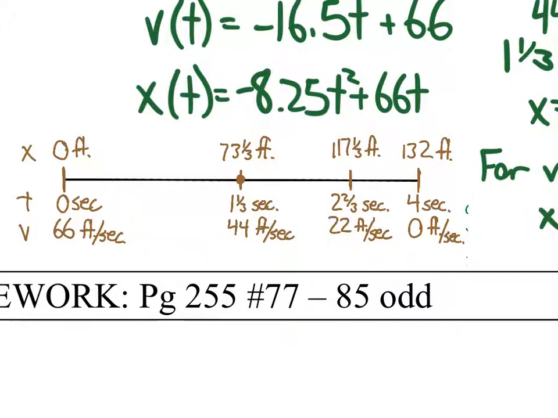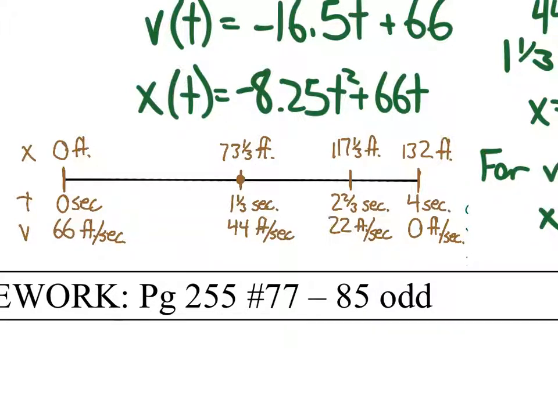I didn't need to put the acceleration because it was constant, negative. At our starting point, 0 seconds, 0 feet, we were going 66 feet per second. After 1 1/3 seconds, we had reached 44 feet per second, which was 30 miles an hour, and we were 73 1/3 feet away from our starting point.